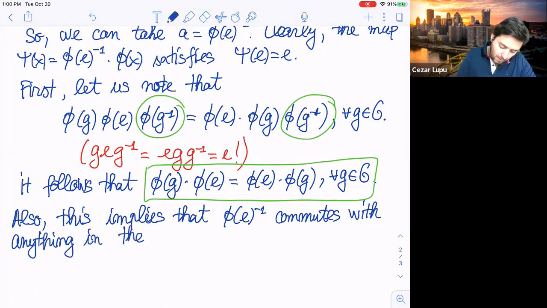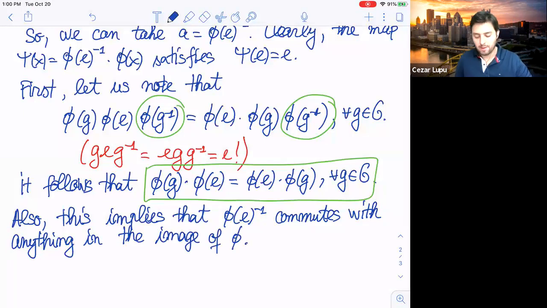I hope this is clear for everybody. Just look at this relation, multiply by phi of e inverse to the left, it will go away, and then multiply by phi of e inverse to the right. I'll leave it to you as an exercise, but I just told you what to do.